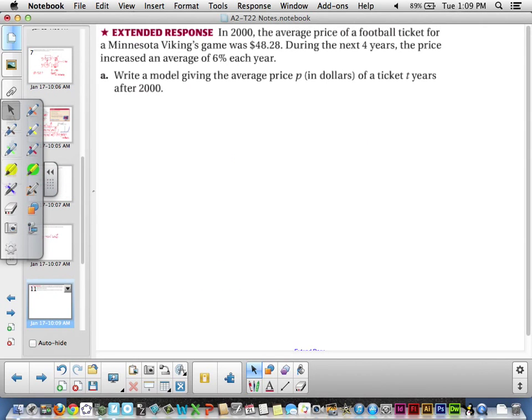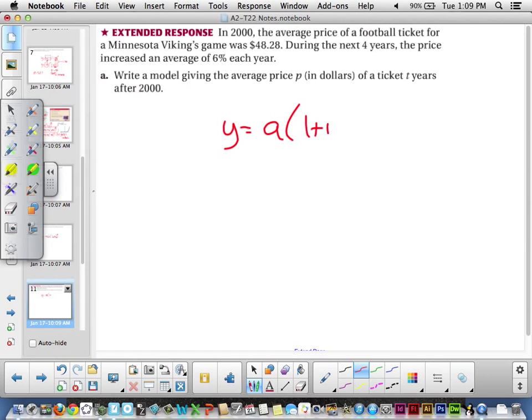Pause and try it. In 2000, the average price of a football ticket was $42.28. Over the next 4 years, the price increased by 6% per year. Write a model. All right, if it's a percent increase, it's exponential. The rate of increase is 6%.